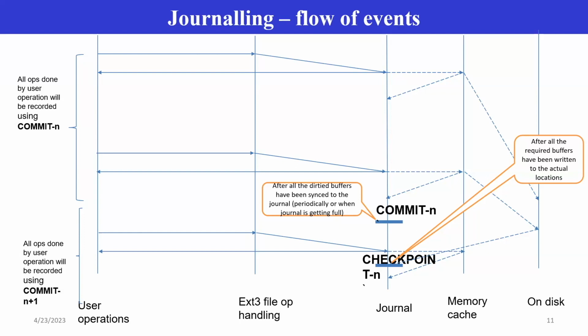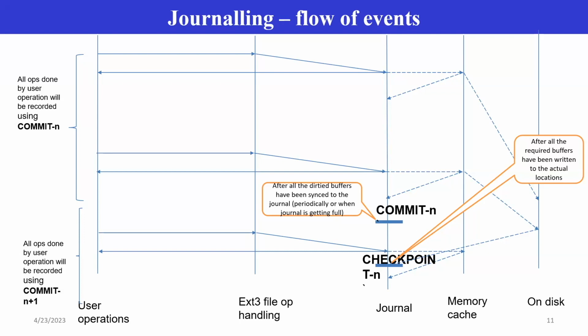Suppose 100 buffers written as a commit takes n number of seconds. Checkpointing of the same 100 buffers to the actual location might take 10 or 15 times longer because the commit is all sequential. So checkpointing by design is meant to be slow, but you are not bothered about it. The commit moves the head of the journal very fast, checkpointing slowly moves the tail, and at some point the head is going to be away from the tail.